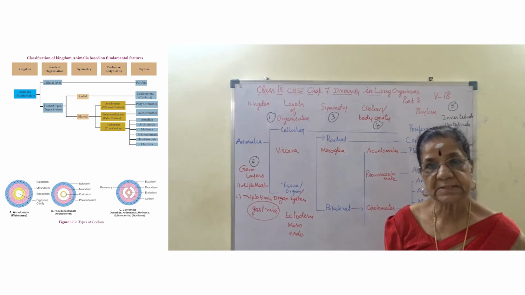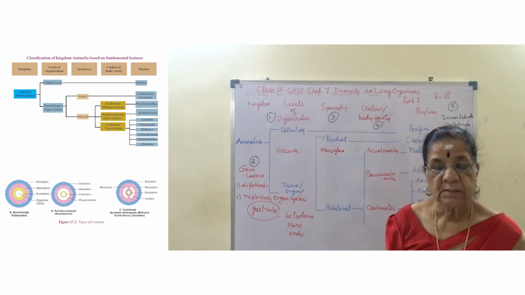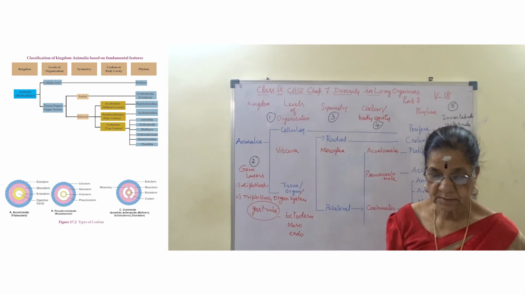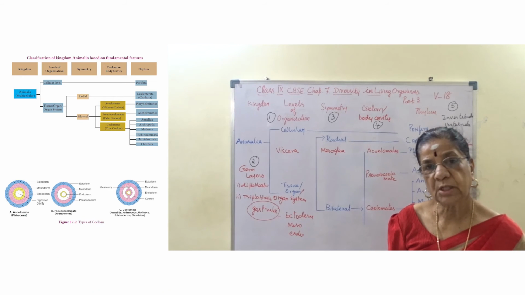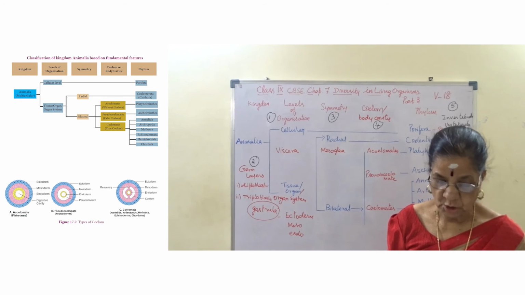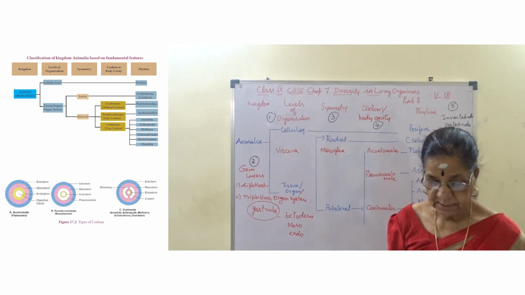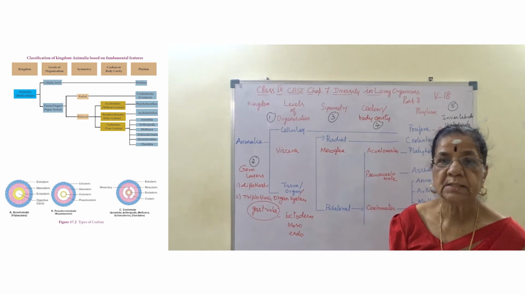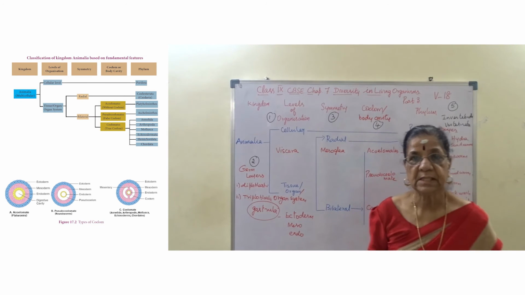They occur in colonies, example corals, and they occur singly, example hydra, jellyfish and sea anemone.